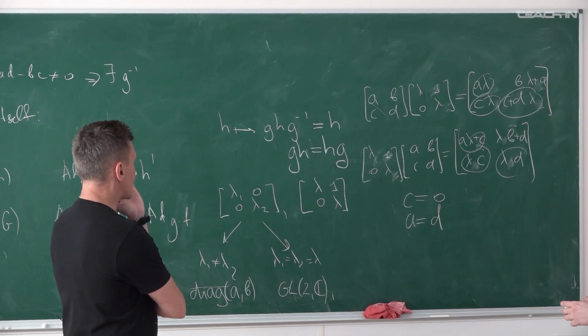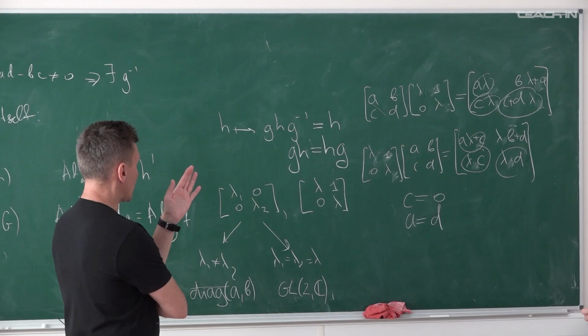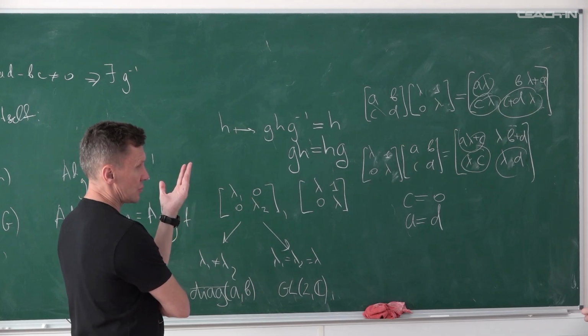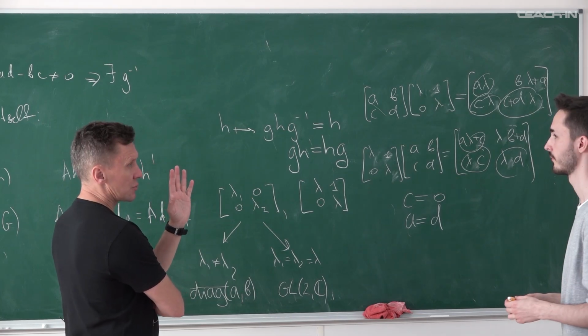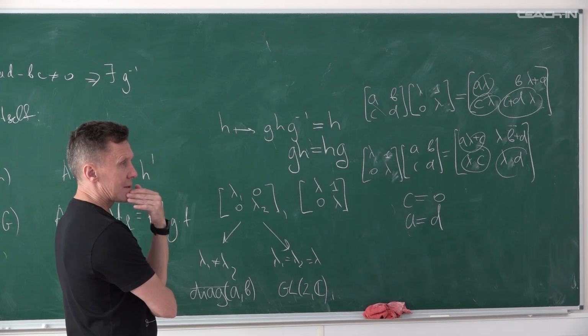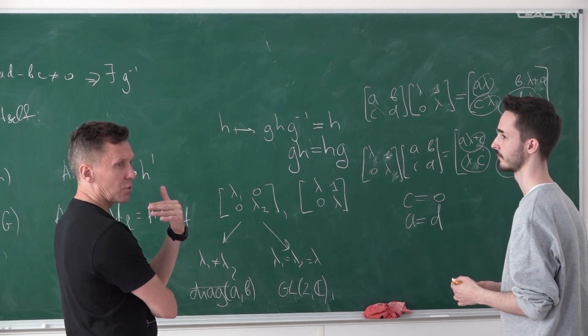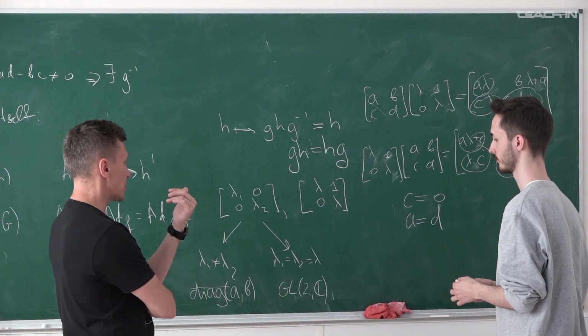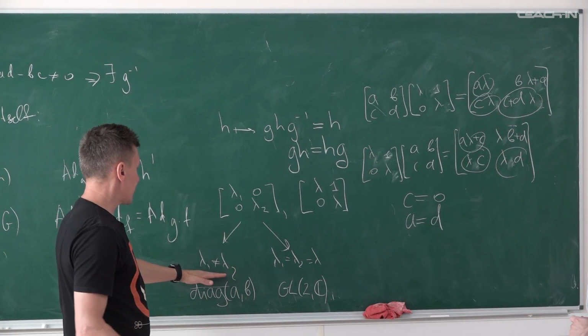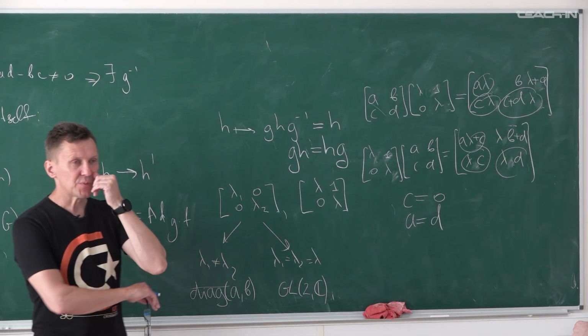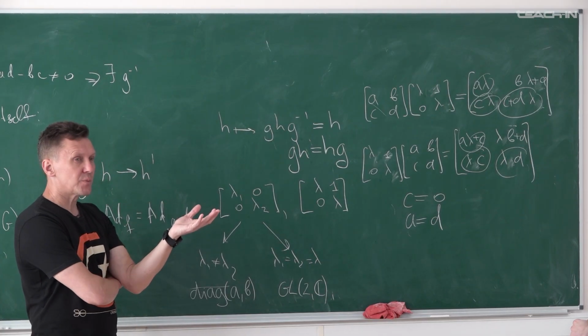So we need to represent now all the space GL2 as the disjoint union of orbits. Do you understand what the dimensions of the orbits are? What is the dimension of this orbit? The stabilizer is two-dimensional.